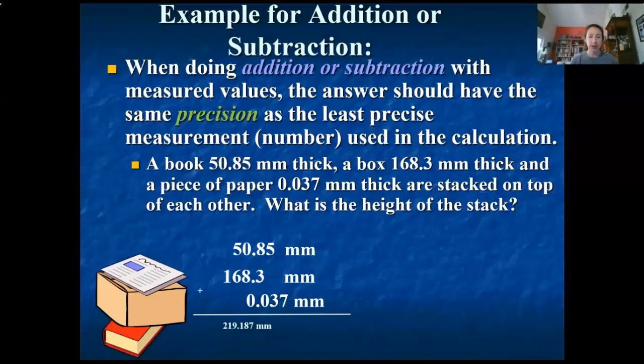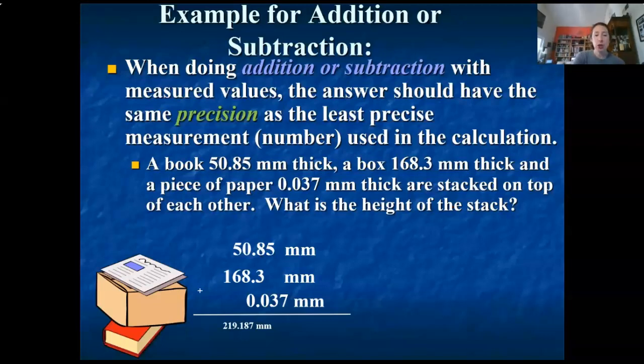So you put it in your calculator and it says 219.187. But when we're adding or subtracting, our answer can only have the same number of significant figures as the least precise measurement. So how do we know what the least precise measurement is? The least precise measurement is the one with the fewer numbers after the decimal.